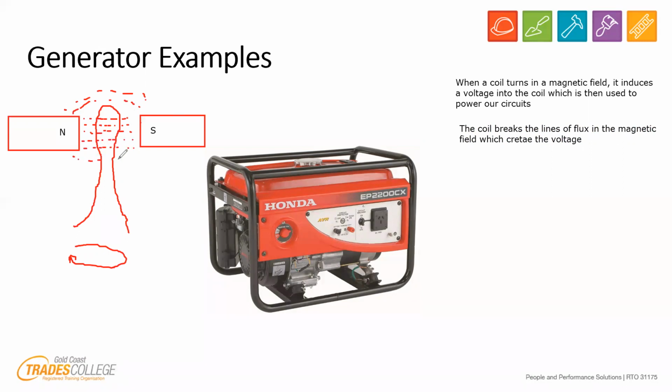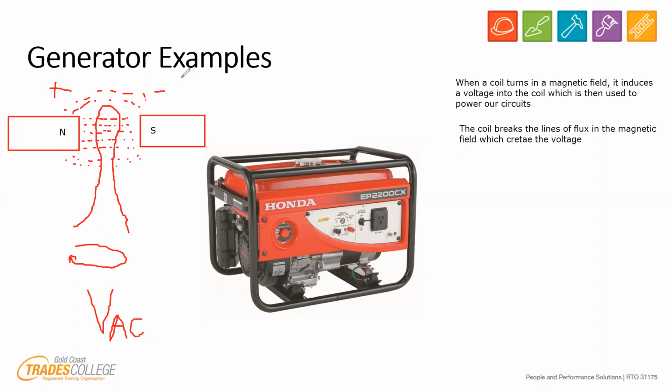These imaginary lines that you can't see, if you break them with a cable, then you get a voltage out of the cable. It creates a potential difference. What type of voltage? Because it's going from north to south, from positive to negative, you're going to get an AC voltage out the other end, which is what our generators do.